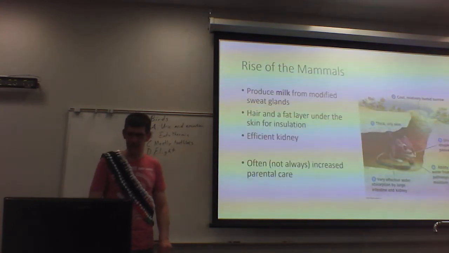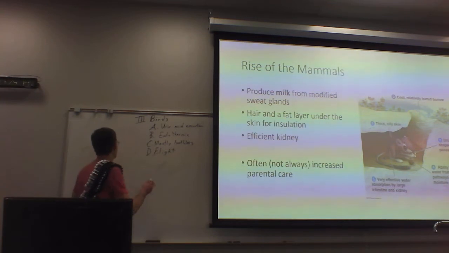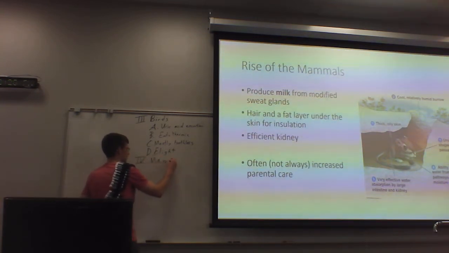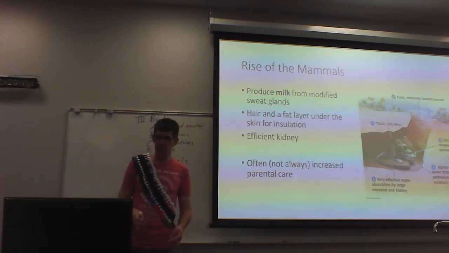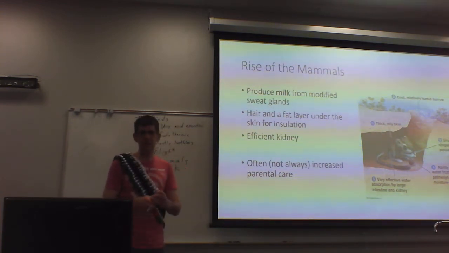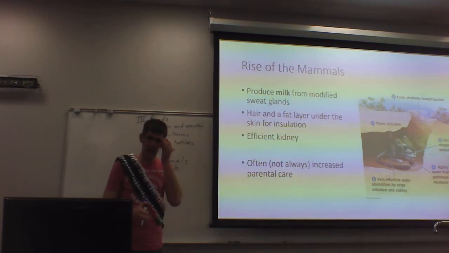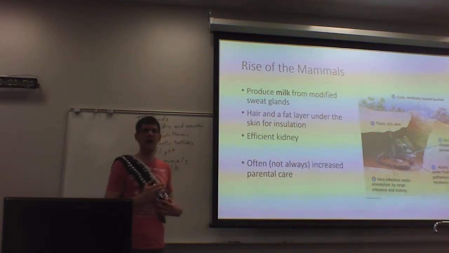All right, advance the slide to the rise of the mammals. Milk from modified sweat glands, mammary glands, mammals. So they produce milk. It's a special adaptation. They have internal fertilization, and often, but not always, they're viviparous.